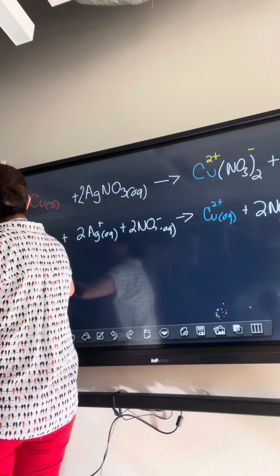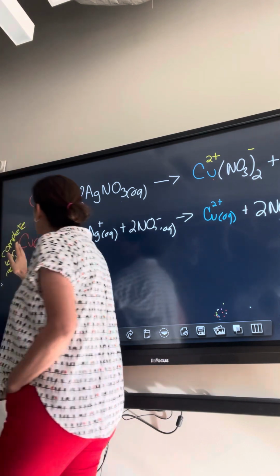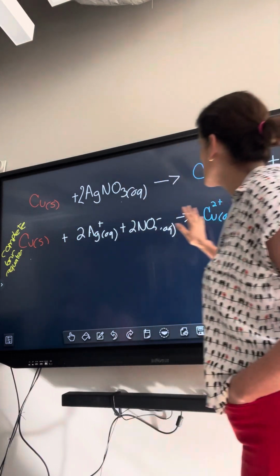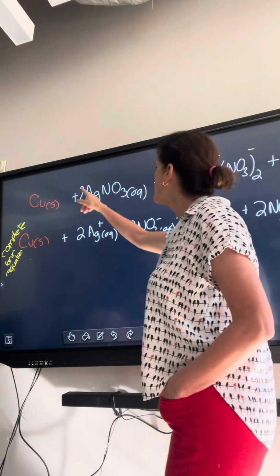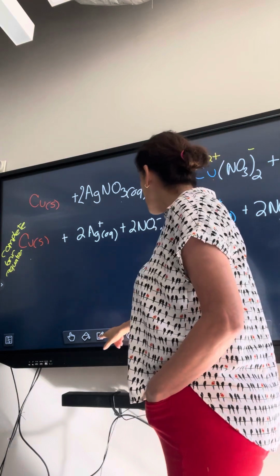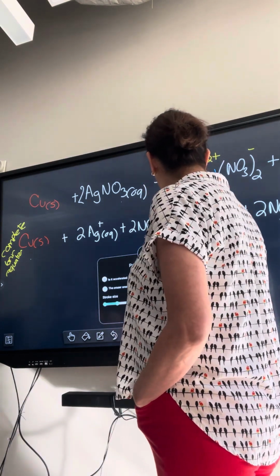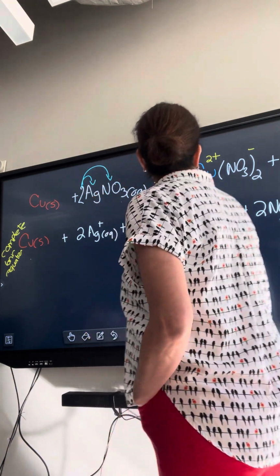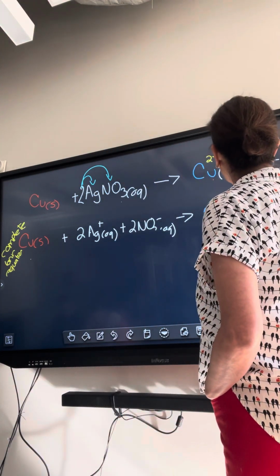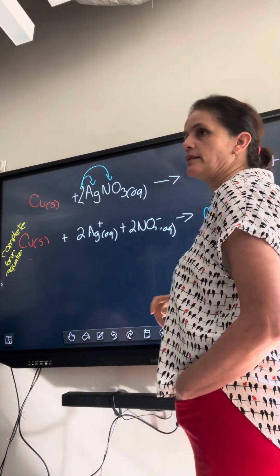That's the complete ionic equation. Why? Because I'm writing the whole equation and I'm separating the things that can be separated into ions. So they call it a complete ionic equation. And yes, the 2 affects both of them, but if I have something in a parenthesis, the 2 affects the silver and the nitrate, but this only affects whatever is inside that parenthesis.